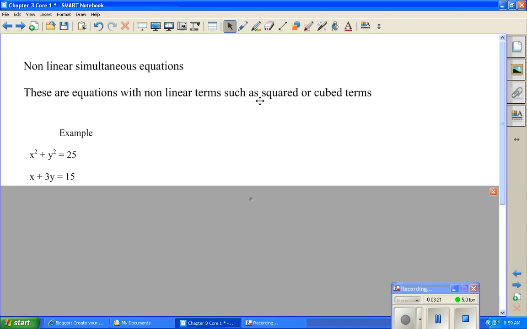Things with squared or cubes in there. Generally speaking, we're going to be involved with looking at the squares. Now, some of you might have read ahead or learnt in year 11. You see the graph x squared plus y squared equals 25 would be the graph of a circle. If you want to try it out at home, you're more than welcome to.